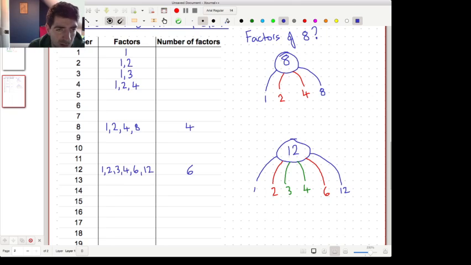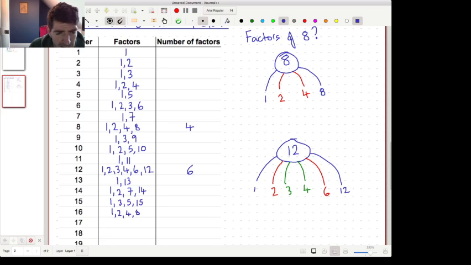Interestingly, although 4 is 2 times 2, 2 is only a single factor. 5 is 1 and 5, 6 is 1, 2, 3 and 6, 7 is 1 and 7, 9 is 1, 3 and 9, 10 is 1, 2, 5 and 10, 11 is 1 and 11, 13 is 1 and 13, 14 is 1, 2, 7 and 14, 15 is 1, 3, 5 and 15.